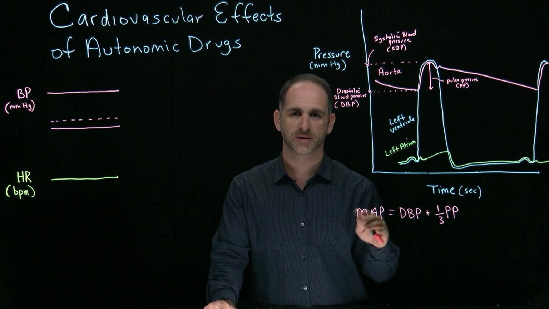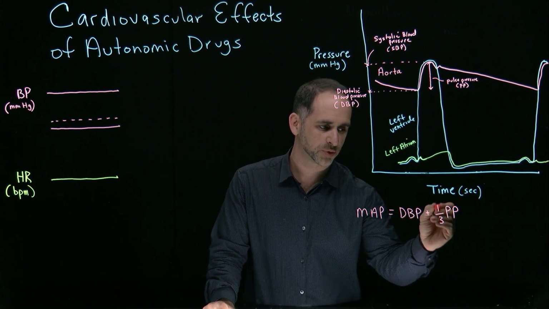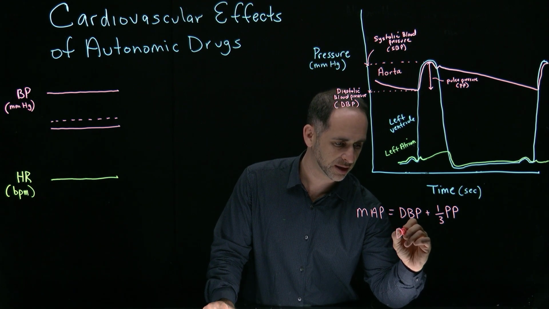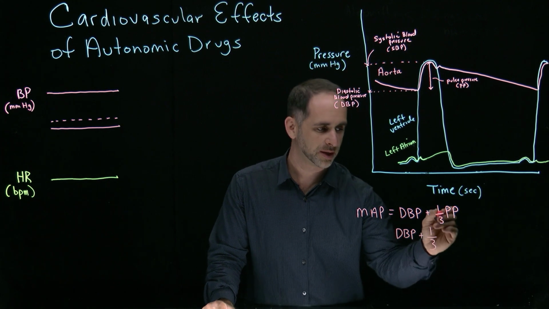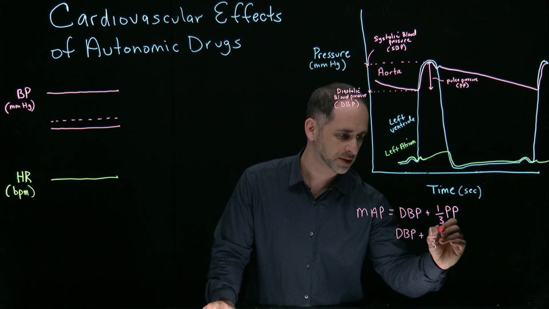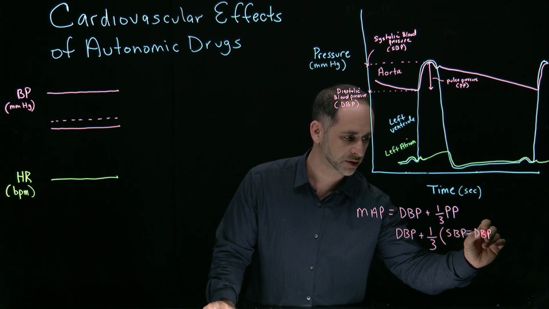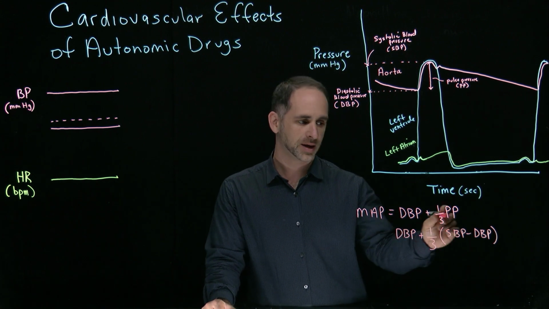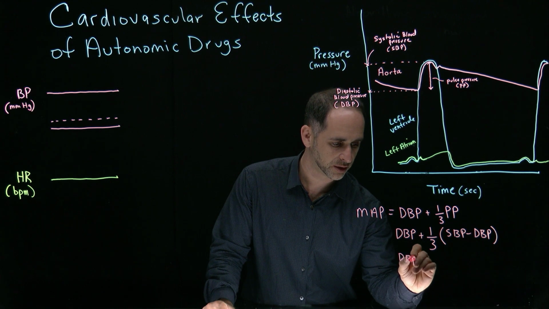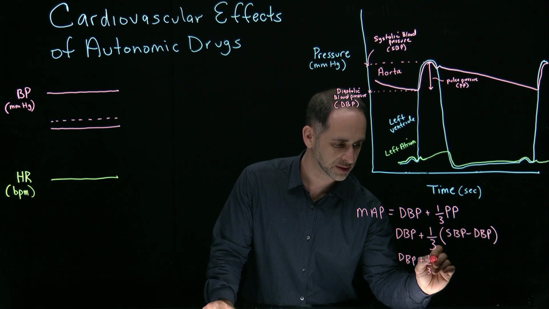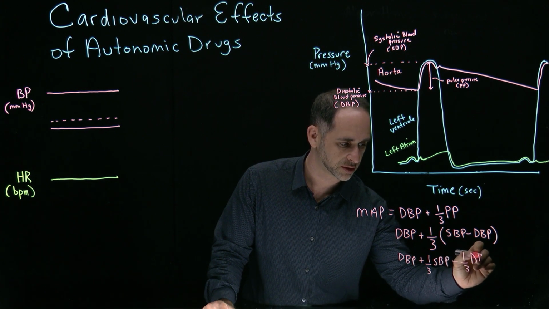Now we can make sense of this equation by looking at it a little bit differently. We can take the pulse pressure and substitute the systolic blood pressure minus the diastolic blood pressure. If we expand this out, we have the diastolic blood pressure plus 1/3 systolic blood pressure minus 1/3 diastolic blood pressure.